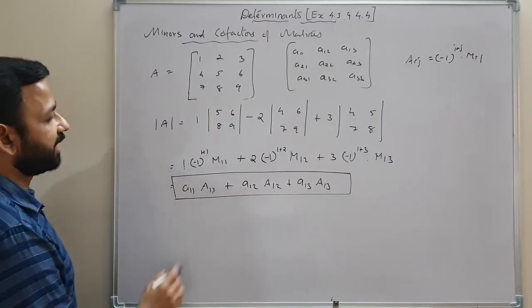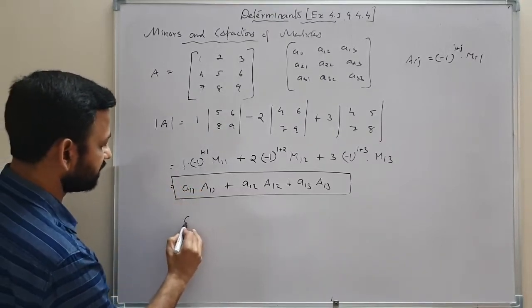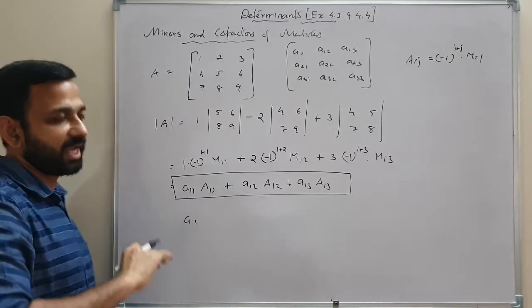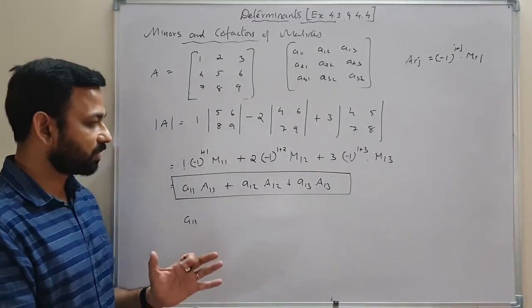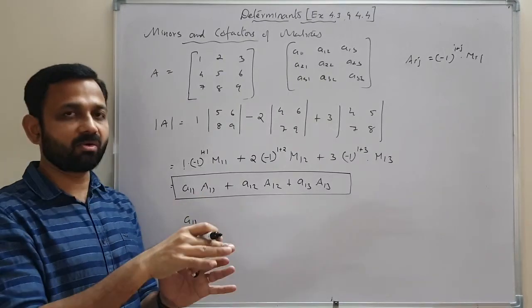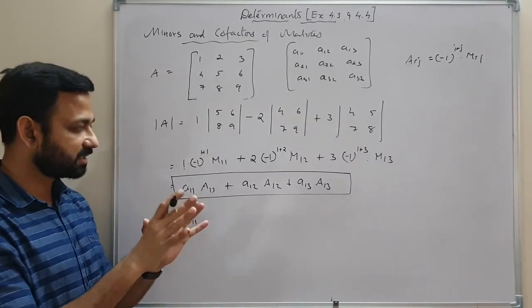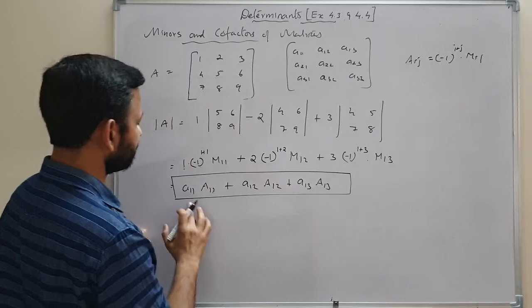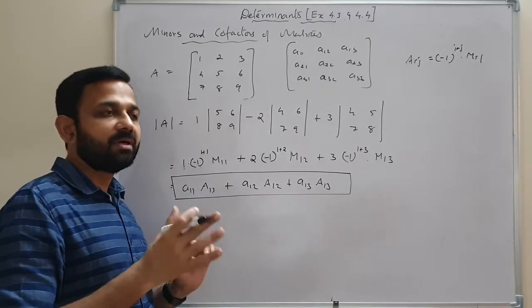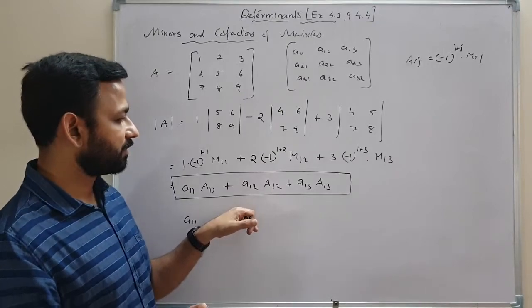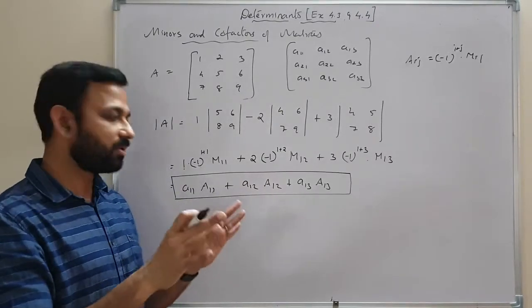And here, when we find the product of the elements of a row and the cofactors of any other row, then that answer will be 0. The sum of the product of elements of a row and the cofactors of any other row will be 0.